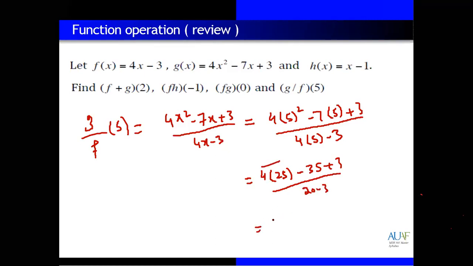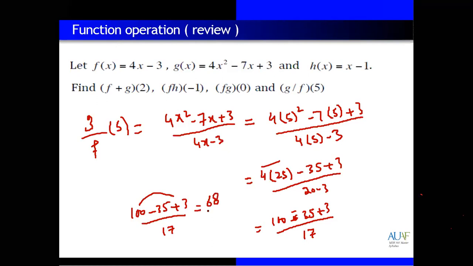So 100 minus 35 plus 3 divided by 17. 100 with 3 is 103, minus 35 equals 68, divided by 17. 68 divided by 17 equals 4. In this way you can divide.